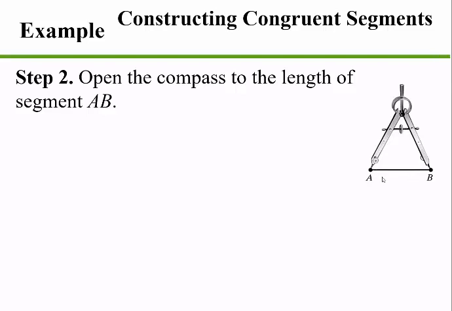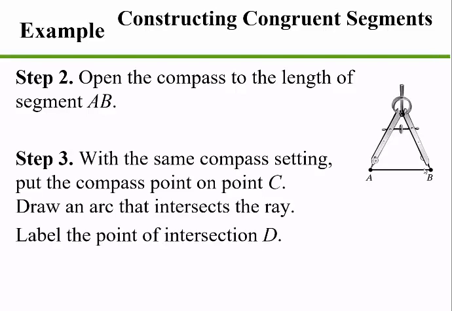So we go back to AB, set one edge of the compass at A and the pencil side to B. With the same compass setting, you leave it at that length, like you're locking it in.